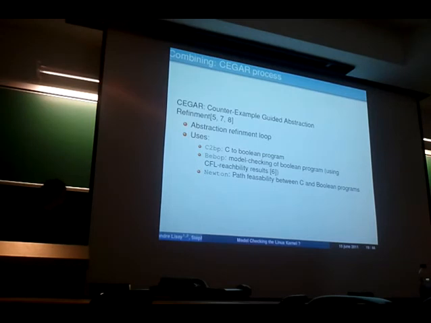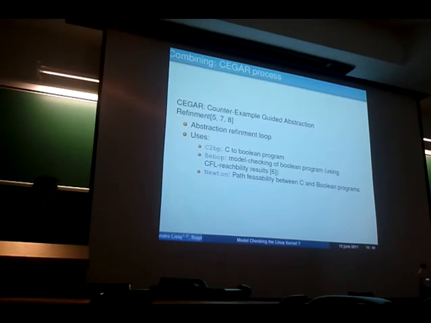And if the model checker finds an error path, the Newton program checks that what you have found in the Boolean program also holds in the C program.